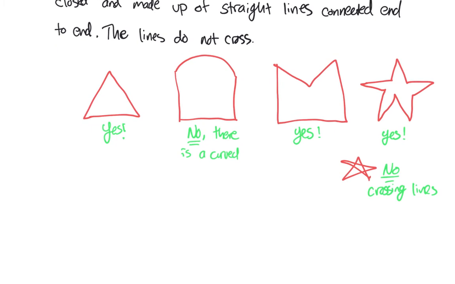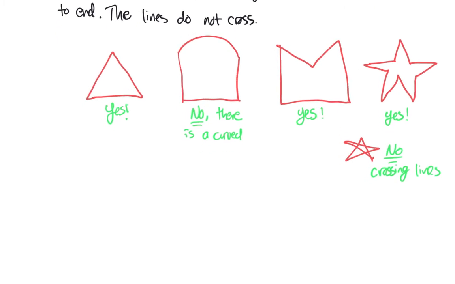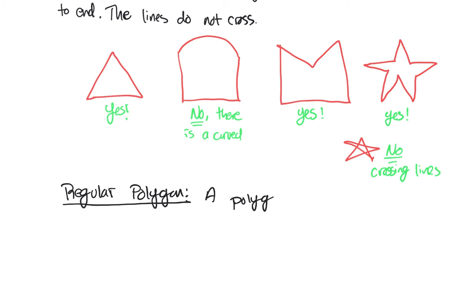You've actually been exposed to a specific kind of polygon that I want to make sure you get down, which is called a regular polygon. This is the next definition to get down. We actually talked about this earlier on in the course together. A regular polygon is a polygon with all the same sides and all the same angles.